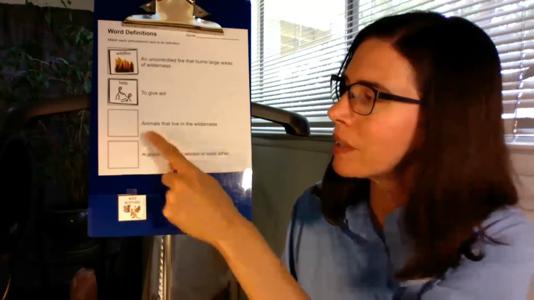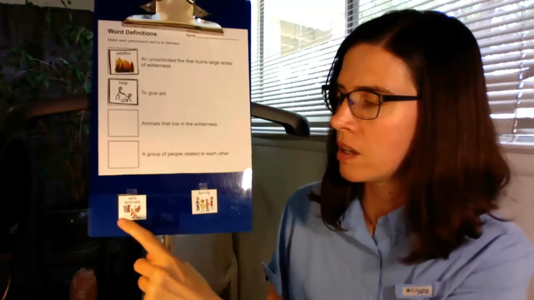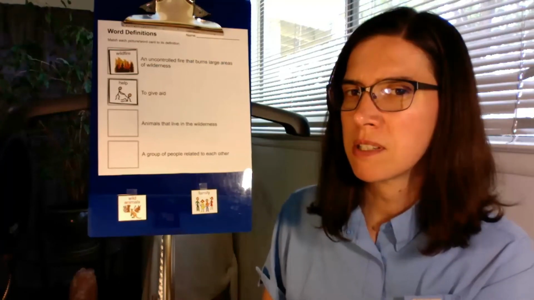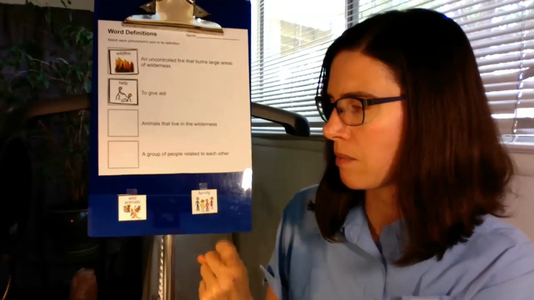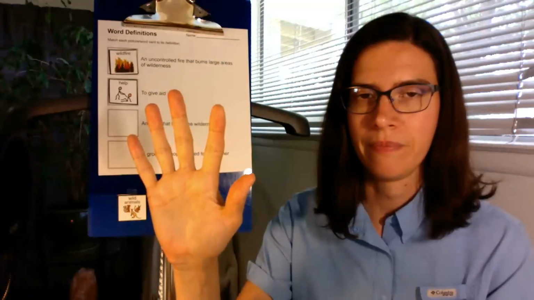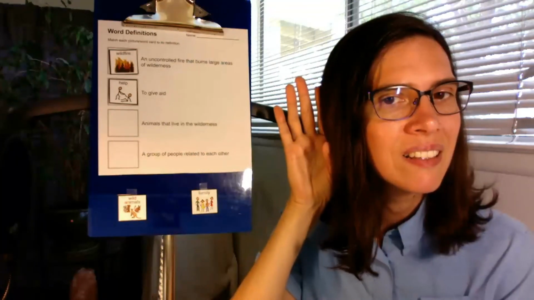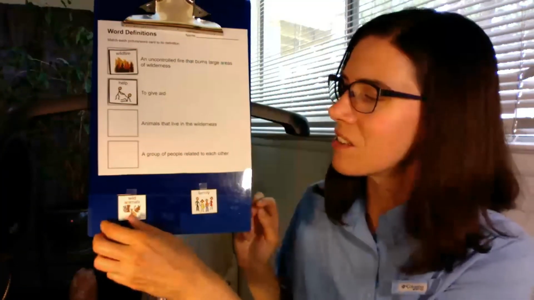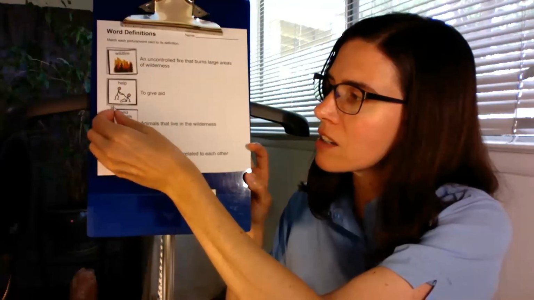Alright, the next one. Animals that live in the wilderness. Okay, what word describes that? Wild animals or family? Animals that live in the wilderness. If you said wild animals, you are correct.